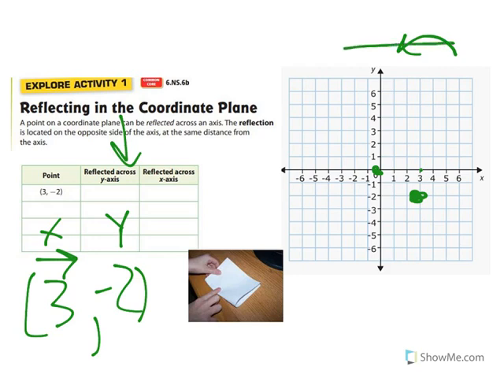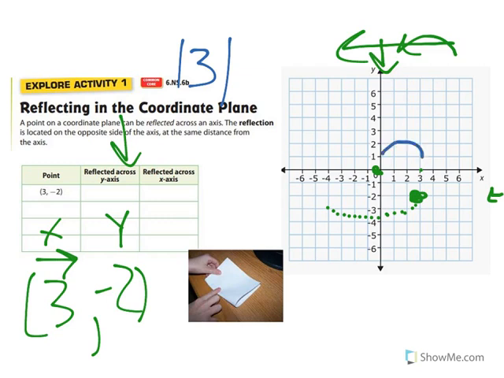I'm folding my piece of paper this way, so this point is going to be reflected like a mirror on the other side. It's kind of like a line of symmetry, if you remember that lesson from previous years. My y value is going to stay the same, but my x is going to change, and this is where the absolute value comes in. We take the absolute value of my across number, which is 3.